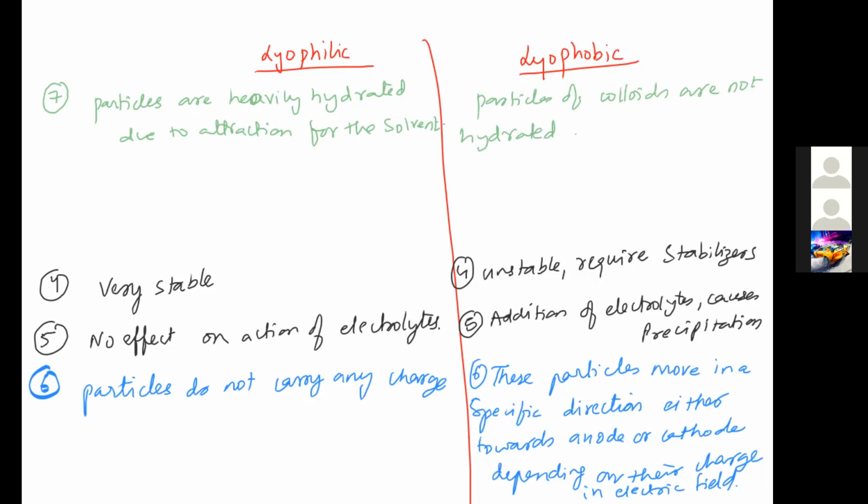Number 8: the precipitate may or may not migrate. They do not show the Tyndall effect, while these show the Tyndall effect.